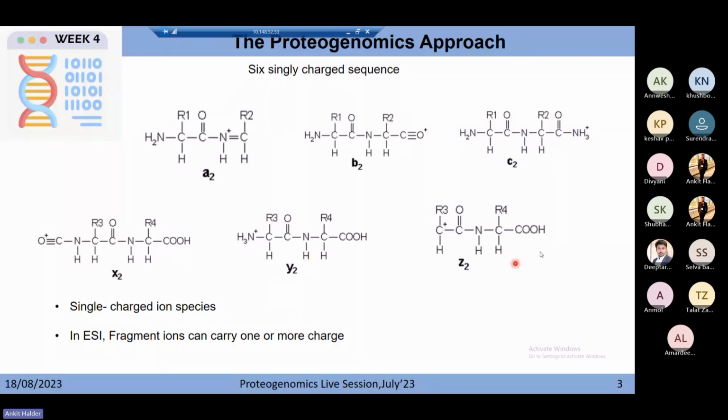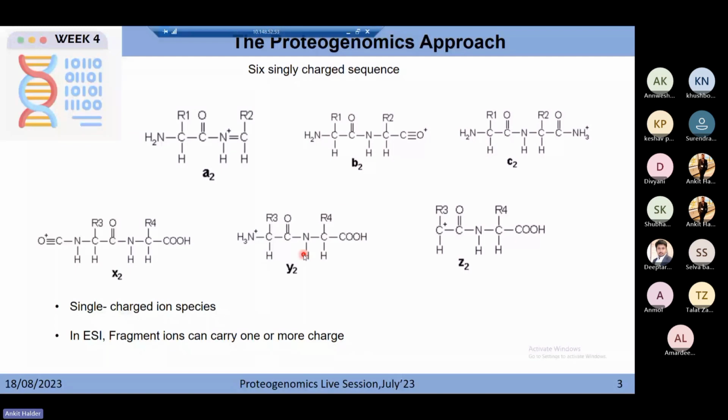So hopefully by now you are all familiar with the different ions. The ions that are generally released and identified in a mass spectrometer are the y ions and the b ions. Among these, y ions are most prevalent due to our use of proteolytic enzymes.